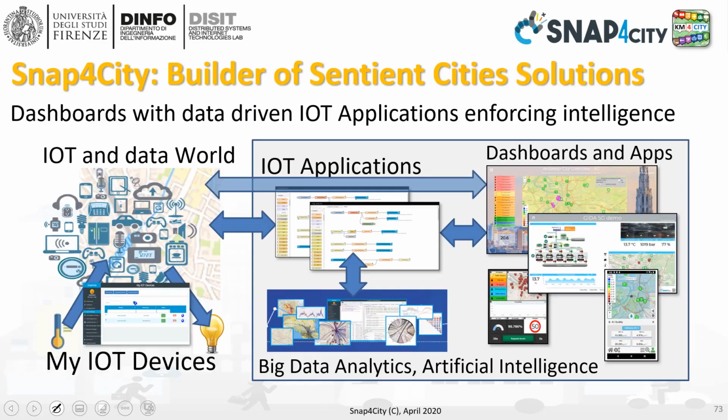So now I think it is clearer what we intended with the mechanism: dashboard, IoT application, data analytics that create the new data, new knowledge, and hints on what is going on, and the world of data on the left side.